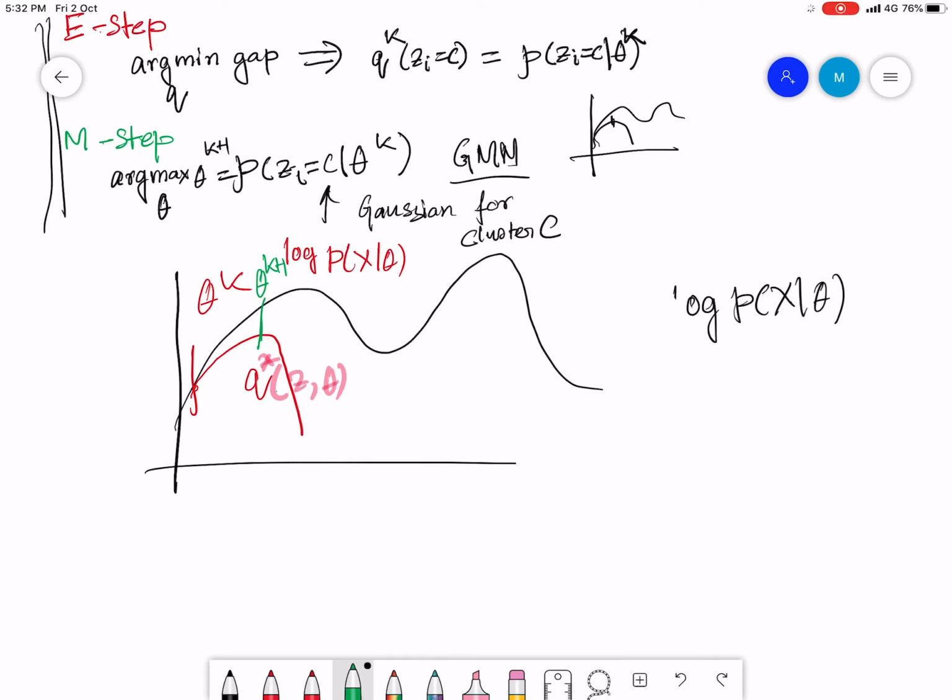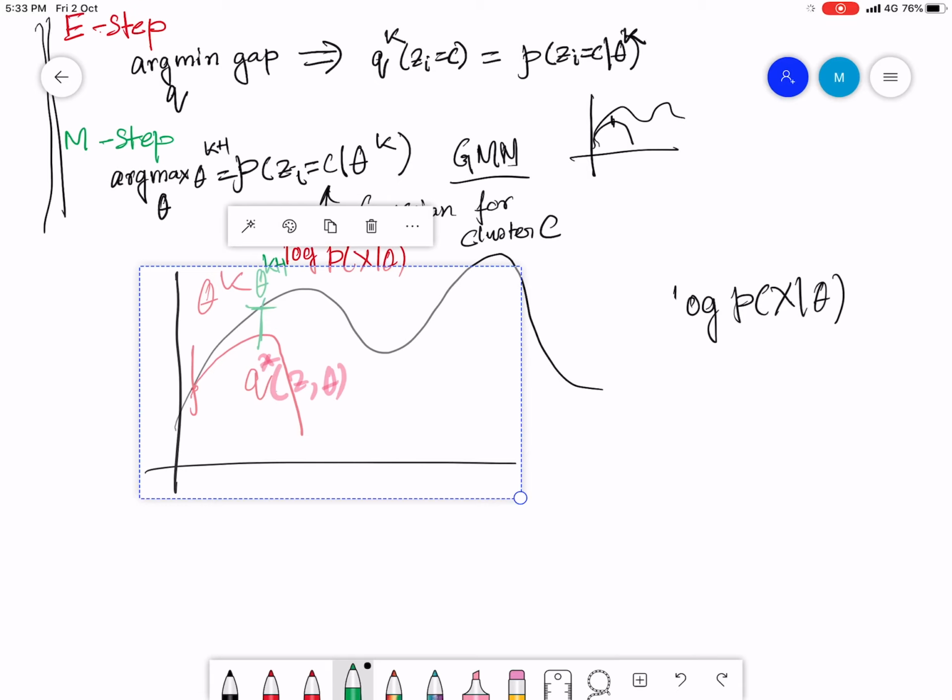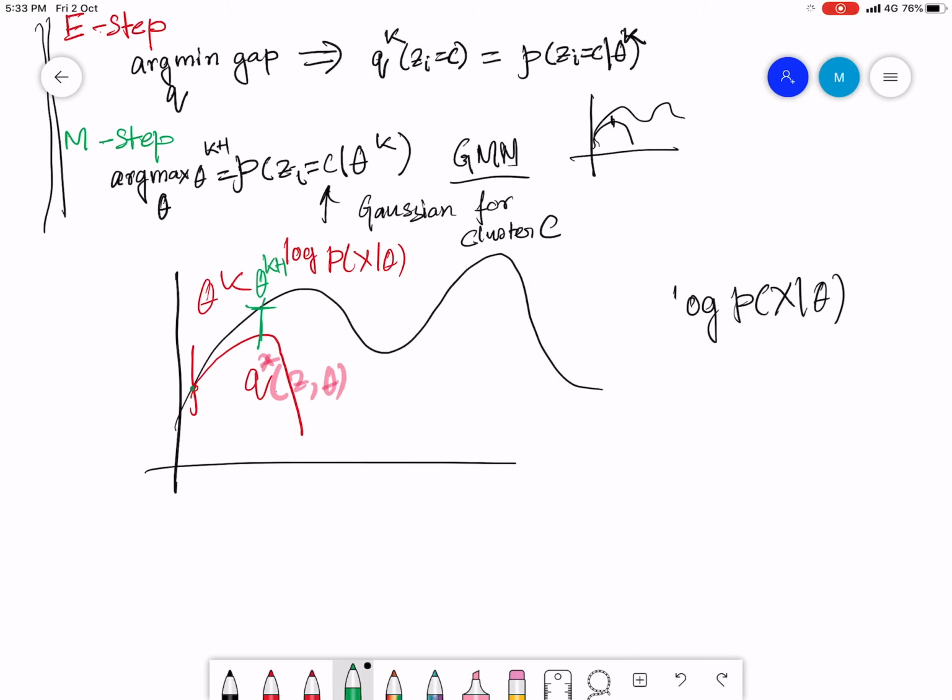Now I tell you that every iteration of this EM, one E step plus one M step, will always lead to a new theta k plus 1, which has a higher likelihood, which is a higher point in this original function. Why? Because this q is a lower bound on the original function, so it will stay below. This point it touches, it stays below, and in the M step I am finding the maxima.